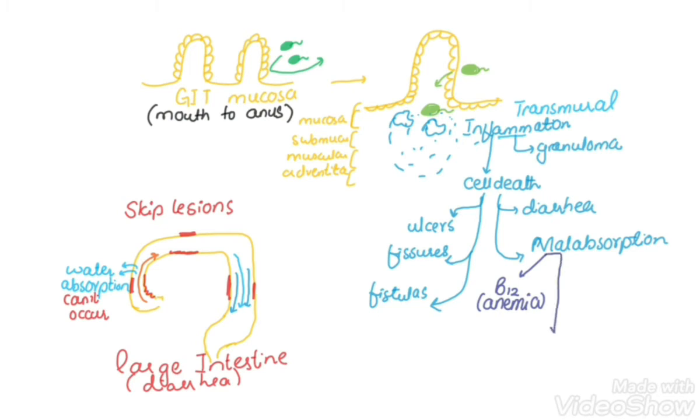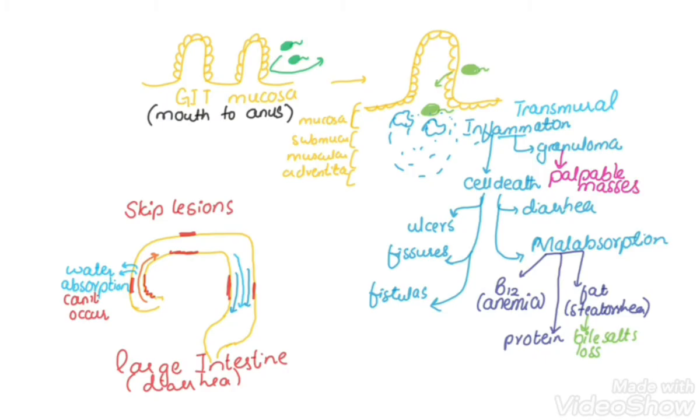Vitamin B12 deficiency causes anemia. Protein loss causes protein losing enteropathy, and when bile salts are lost, fat cannot be absorbed and steatorrhea occurs. The granuloma can present as a palpable mass.